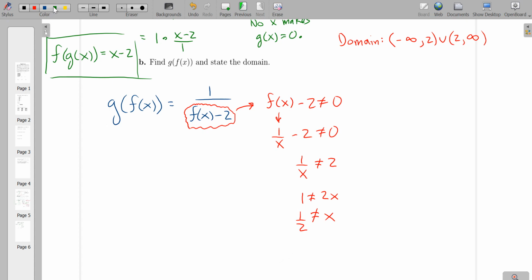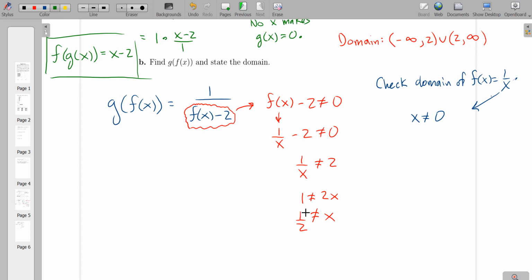But on the other hand, we'd also better check the inside function. Check the domain of f of x. And so that's a pretty easy one to check. We just need to make sure that we understand that x equaling 0 is problematic.